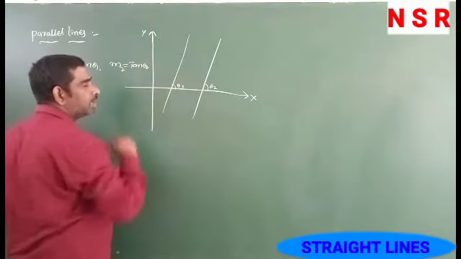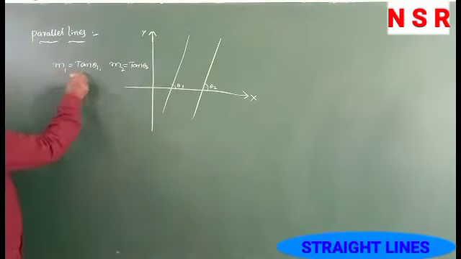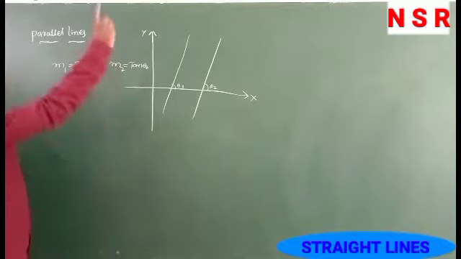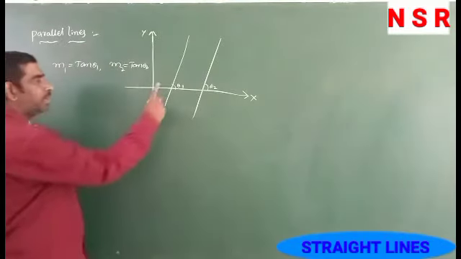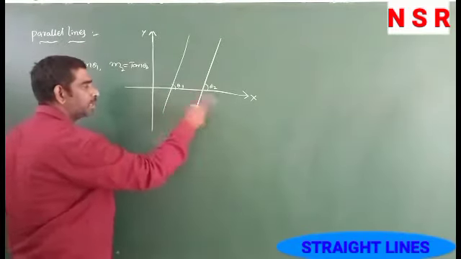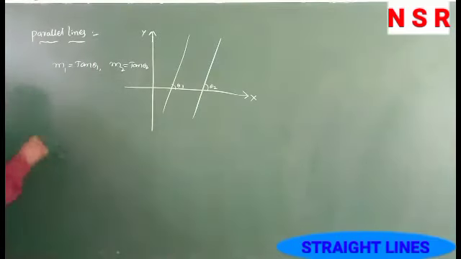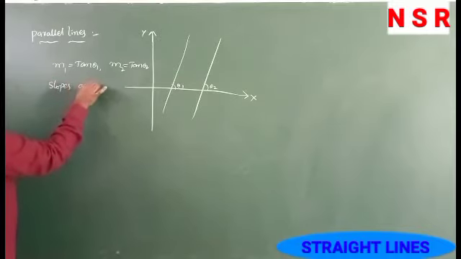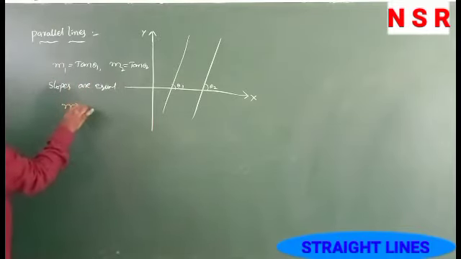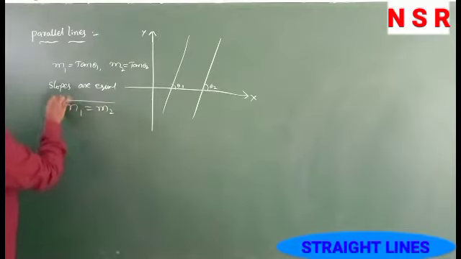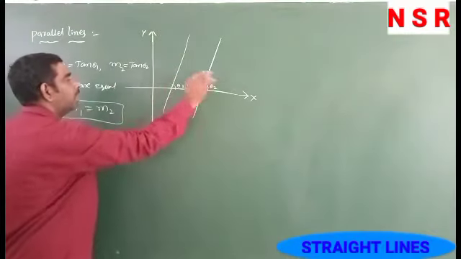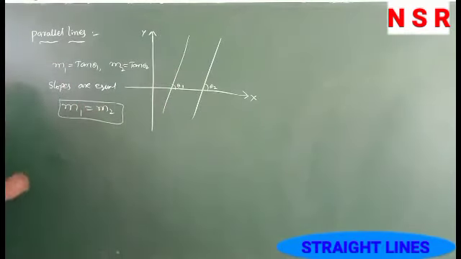These two non-vertical lines make angle theta 1 and theta 2 with positive direction of x-axis. Here theta 1, theta 2 are inclination of angles, m1, m2 are slopes. So if two lines make equal angles with positive direction of x-axis, then slopes are equal, that is m1 equal to m2. So this is the condition between two parallel lines. If two lines are parallel, then their slopes are equal.